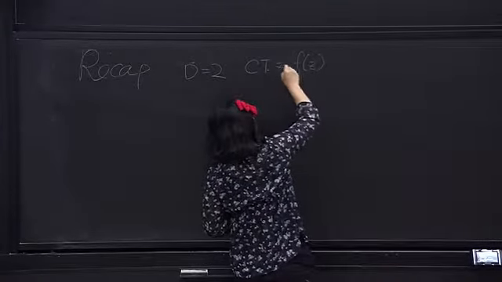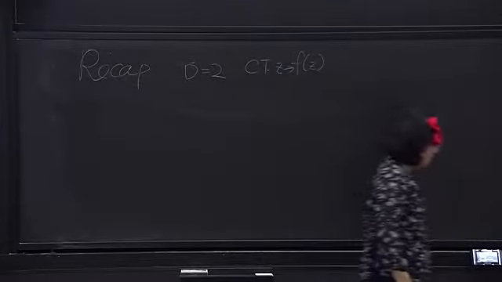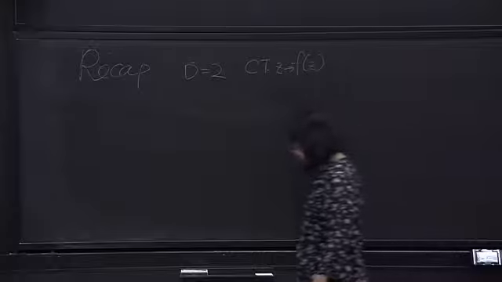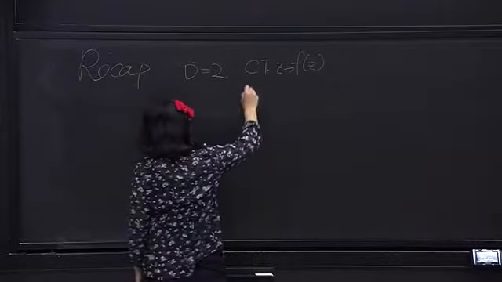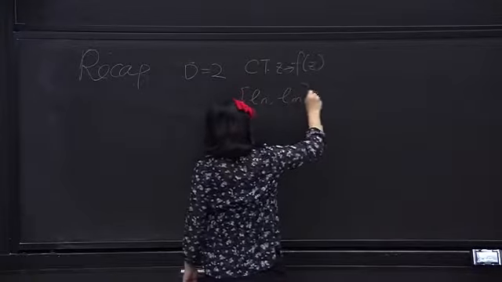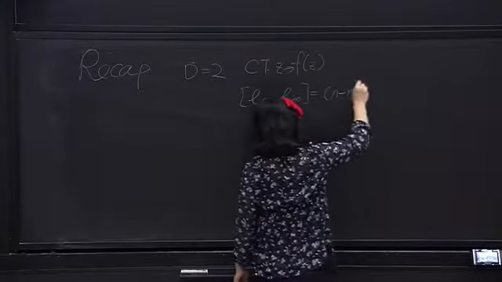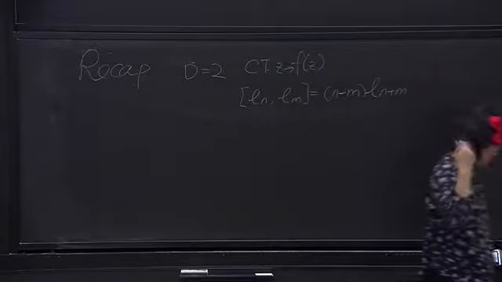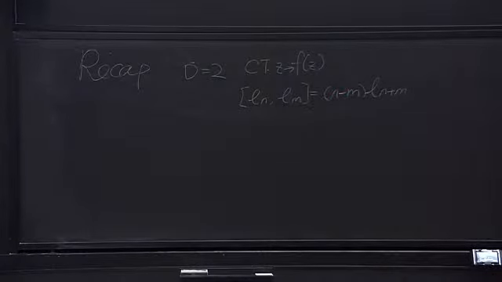So if you send Z to some function of Z that doesn't depend on Z bar, it's automatically a conformal transformation. And then you have an algebra of this form, and you have the other set, and then you have the condition that they don't talk to each other.